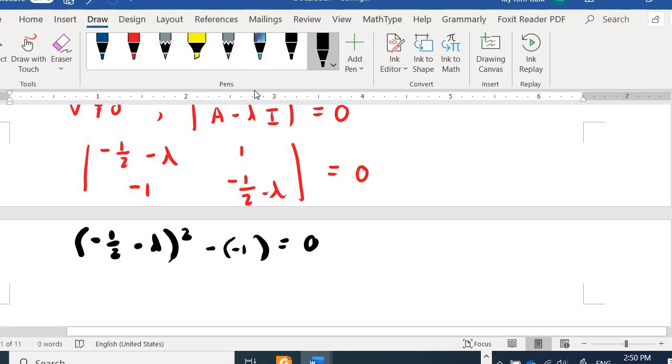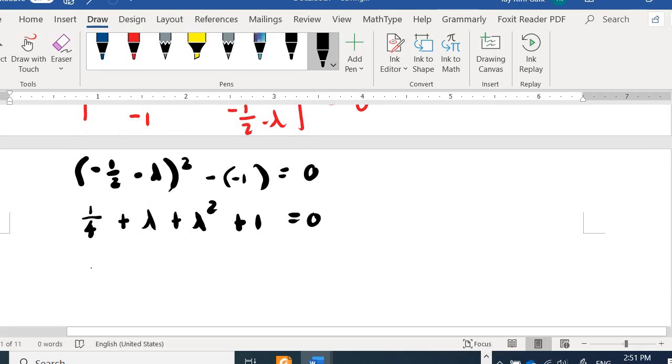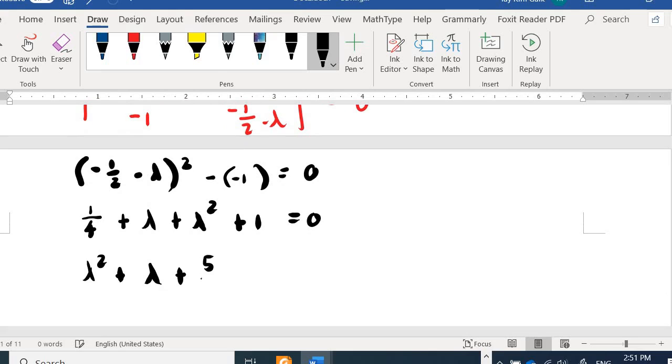So you expand here: you have 1 over 4, plus 2 times negative half times negative lambda, plus lambda squared, plus 1 equal to 0. So you got lambda squared plus lambda plus 5 over 4 equal to 0. Then you can use your scientific calculator.